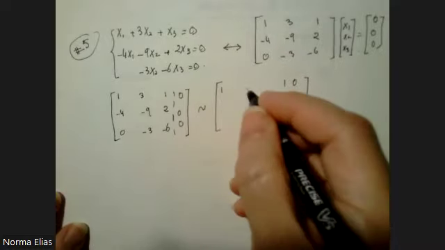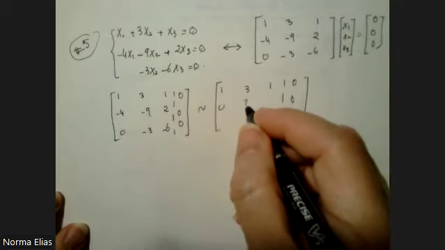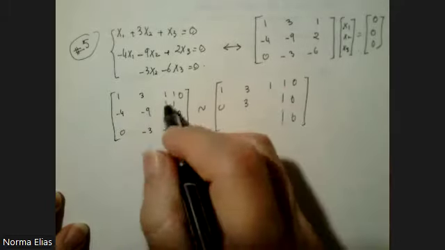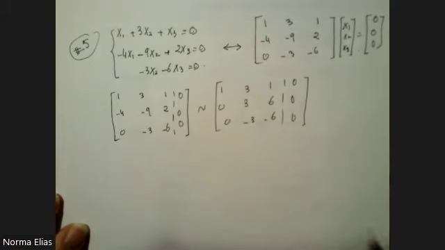And that gives me 1, 3, 1, then 4 times 3 is 12, minus 9 is 3, and 4 plus 2 is 6. Then 0, minus 3, minus 6.